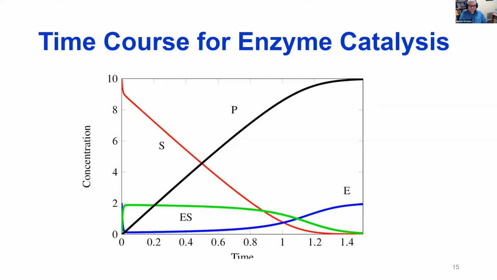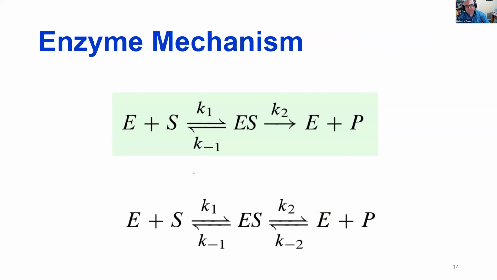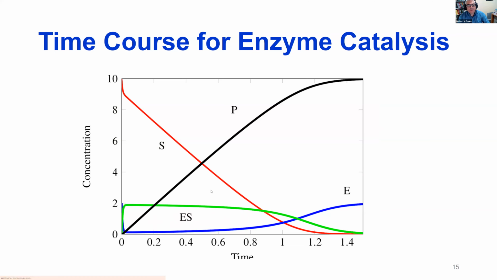So this is a simulation for this top mechanism, the irreversible one. It shows we start off with some substrate at 10 in red, no product in black, and then we let it run in time. And you see that there seem to be three phases. There's an initial phase, which happens very, very fast at the beginning.